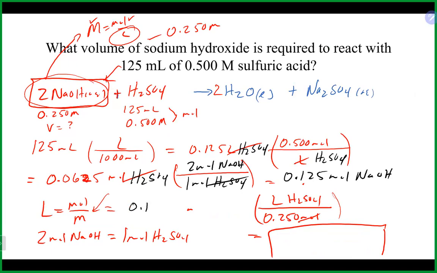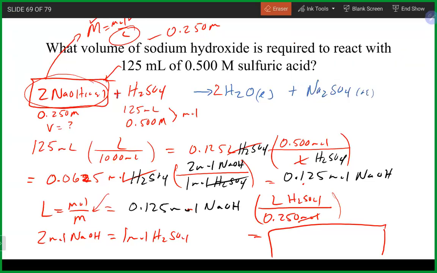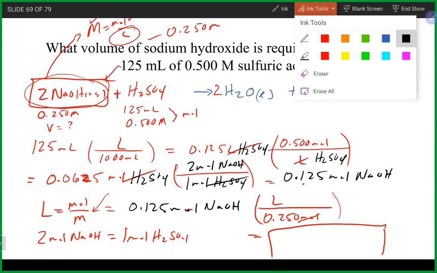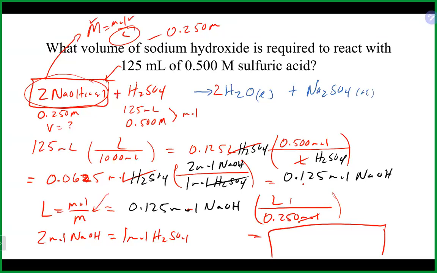Then we'll take our 0.125 moles of sodium hydroxide and divide it by 0.250. Looks like 0.5 liters of sodium hydroxide, or 500 milliliters.